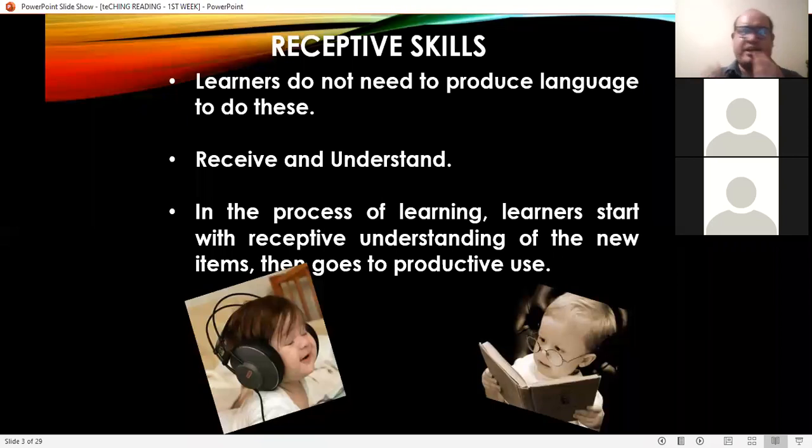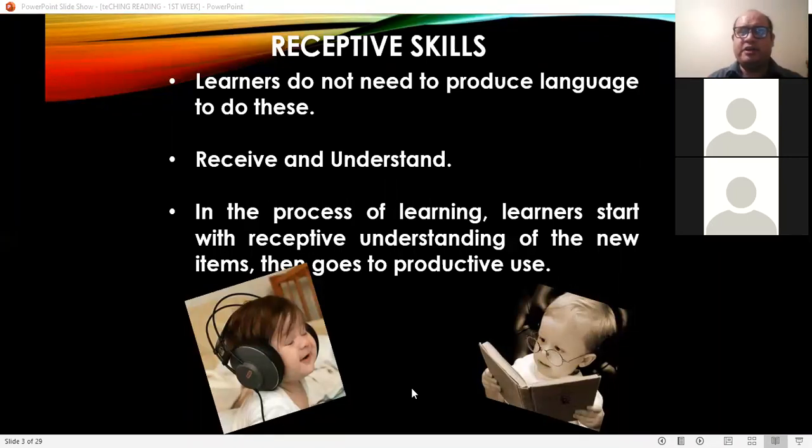Yeah? So don't forget about this aspect of receptive skills. You don't produce the language, you receive and understand, and mainly this is the first step in order to learn or acquire a language. You know, notice that learning and acquiring are kind of different, right?